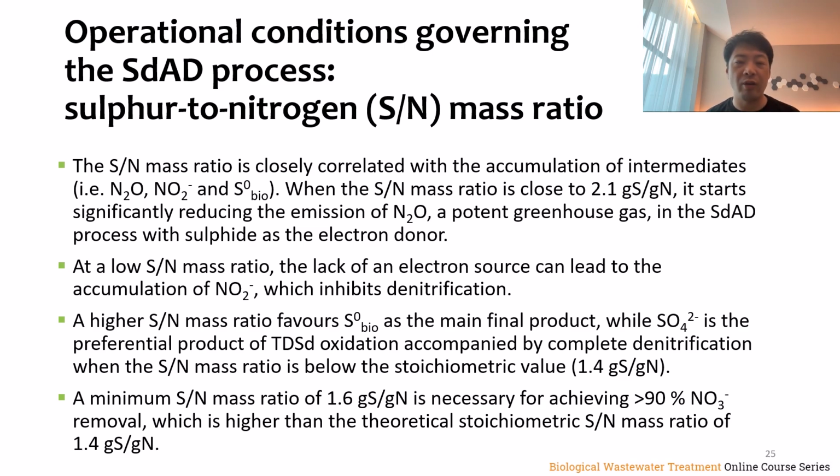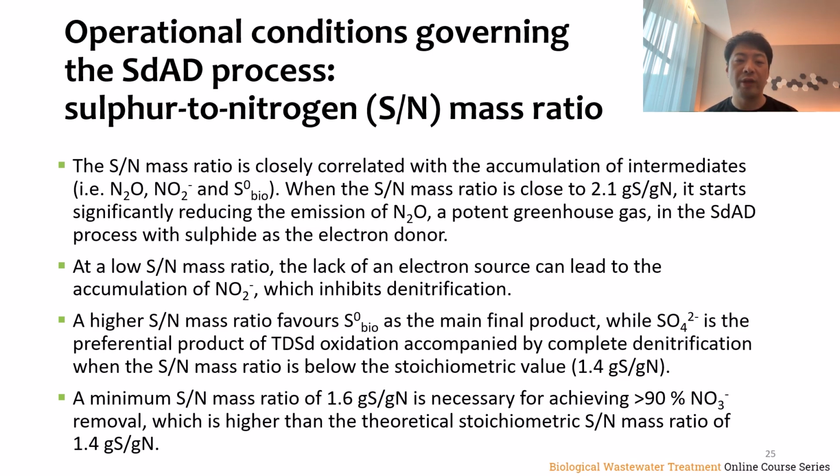A higher sulfur to nitrogen mass ratio favors biological elemental sulfur as the main final product, while sulfate is a preferential product of sulfide oxidation, accompanied by complete denitrification.